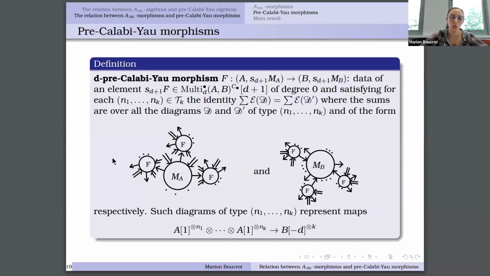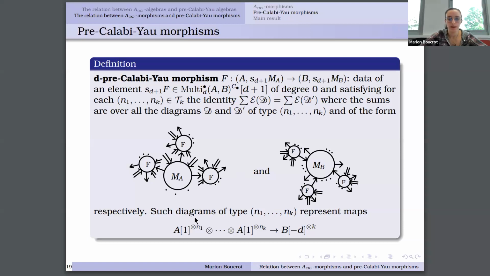identity. So again, we will sum over all the diagrams of a given type, n1 to nk, and we want this to be equal to the sum of all the diagrams of this form of, again, the same type, n1 to nk. So here we now have a deep pre-Calabi-Yau structure, meaning that we have lots of outputs.